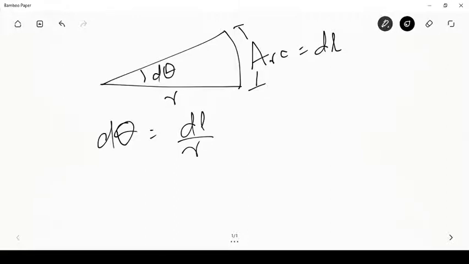So this angle is in radians, and this is what we call a plane angle.